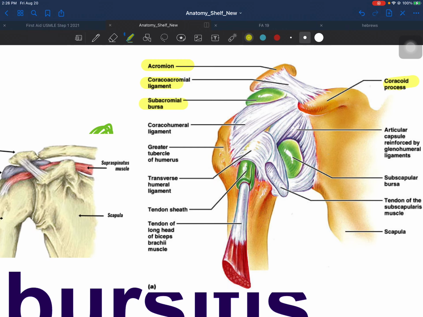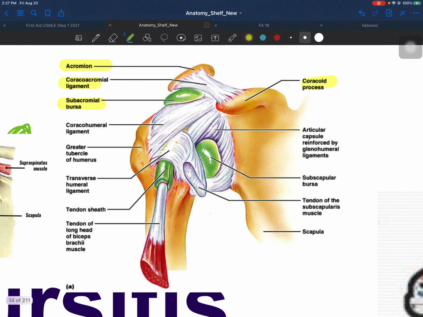That is the transverse humeral ligament. And this is the tendon sheath. And here is the tendon of the long head of the biceps brachii. This long head of the biceps brachii is going to go underneath the transverse humeral ligament, which we don't need for this one. The articular capsule is reinforced by the glenohumeral ligament.